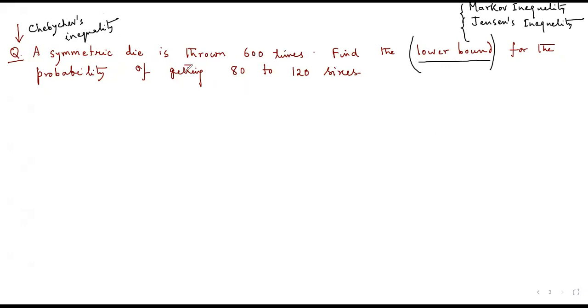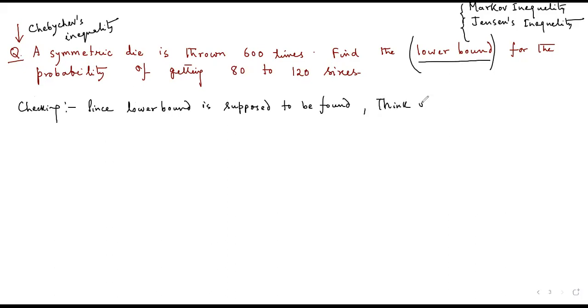Second part, we have to think about whether the system is biased or unbiased. Since a lower bound is supposed to be found, think of probability inequalities, probabilistic inequality.